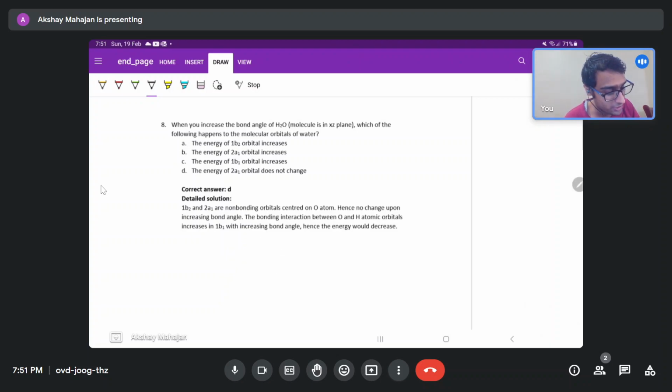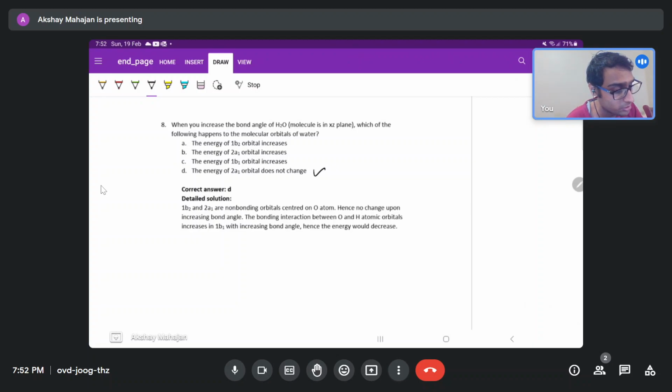I have to check the diagram actually, but basically this is a self-explanatory question as explained here. As you increase the bond angle, the interaction changes, and the energy will decrease if the bond interaction becomes stronger. Basically, the bond is strengthening. So that's why the answer is D.